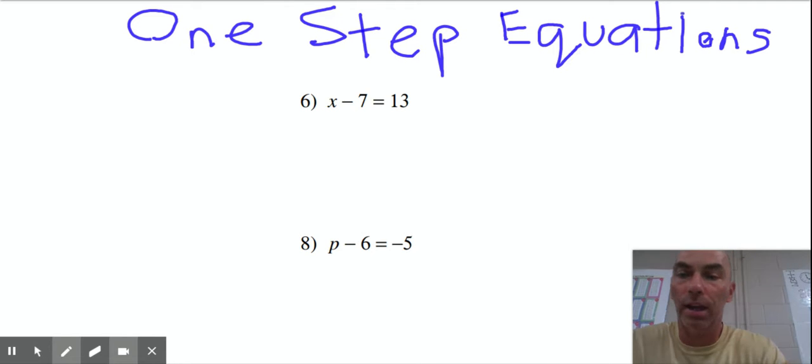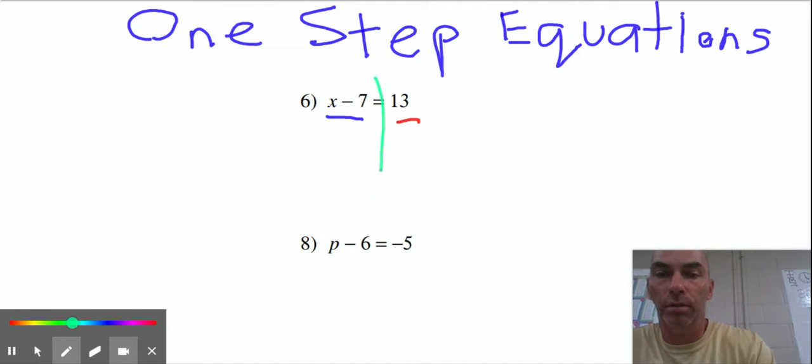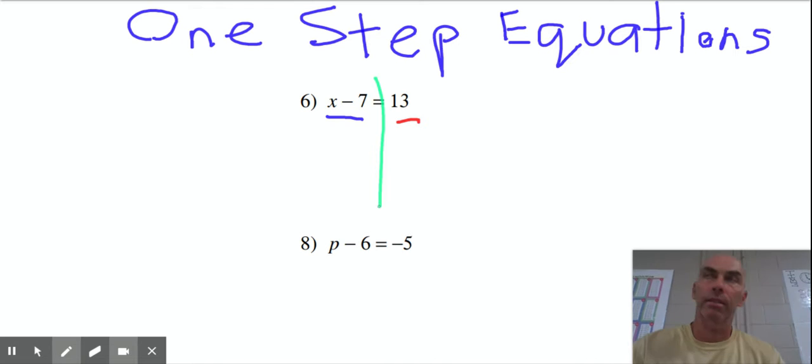We got the left side, and then we got the right side. Sometimes people like to use a little divider line, like a little median of the road, one side and the other side.